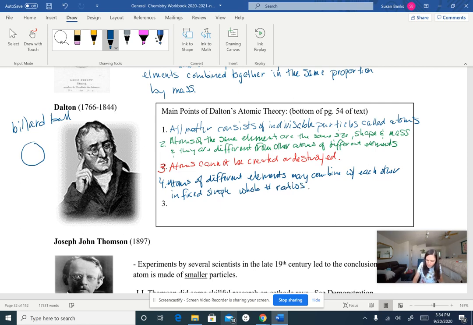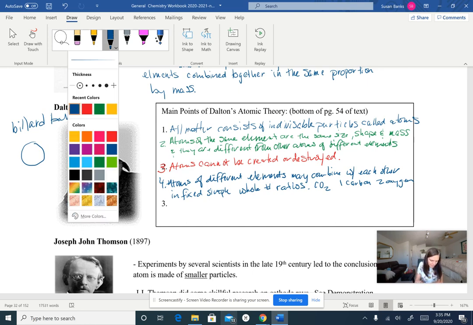So for example, carbon dioxide, I have 1 carbon and I have 2 oxygen. I will always have that same ratio in that same number for every carbon dioxide. So that's the idea of Dalton, fixed simple whole number ratios for whenever we make a compound.